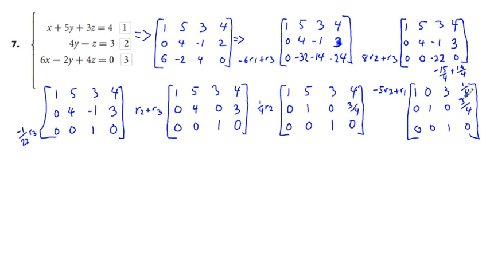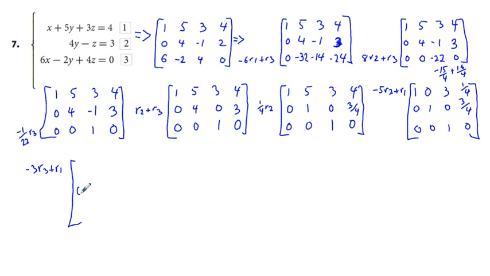And the very last thing we're going to do is take the top row, negative 3 R3 plus R1. And that should fix everything for us. And I'm going to write down rows 2 and 3 here.